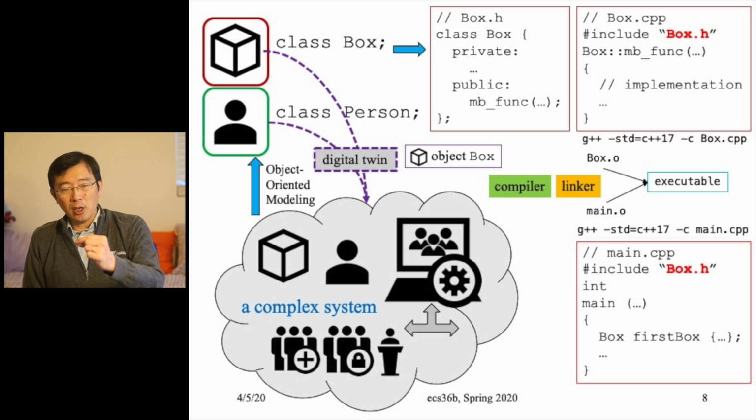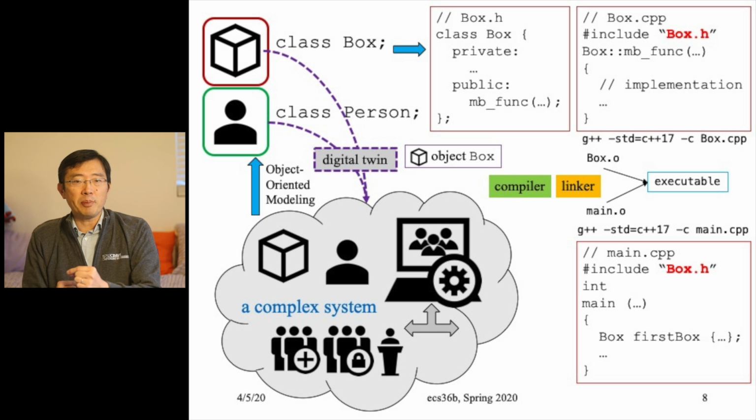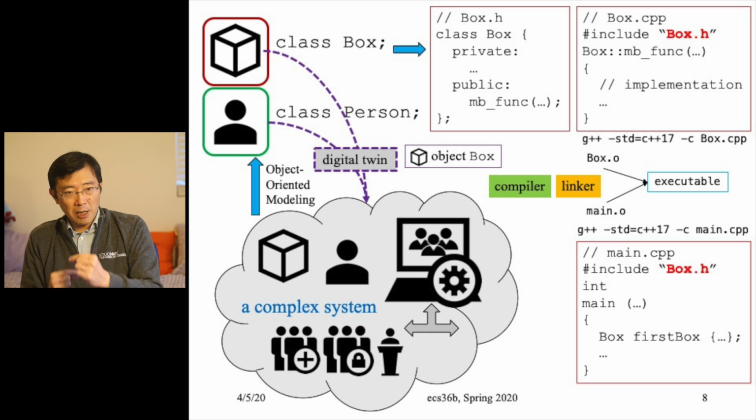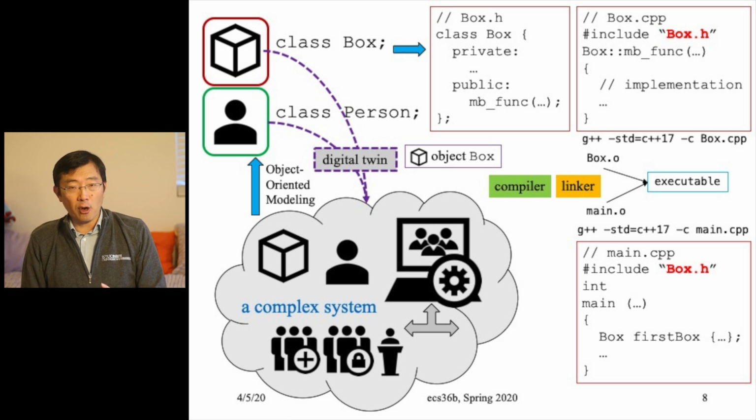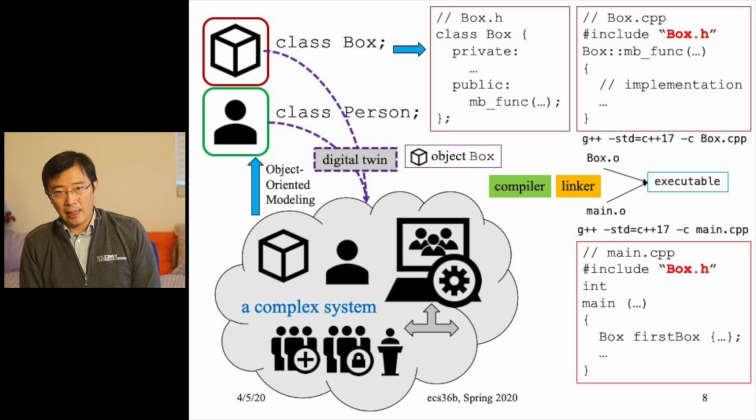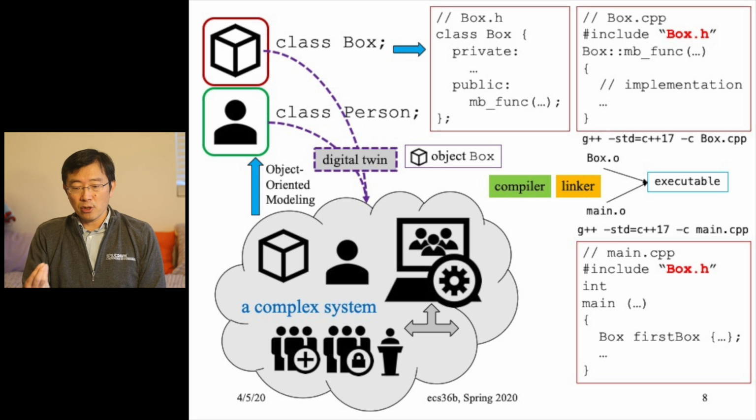So if you put these two pieces together, you have a complete executable program. So that gives you some idea about how we can start working on something from a complex system as a requirement for us to solve, to the object-oriented modeling, to the programming, to the compiler, and to the linker.